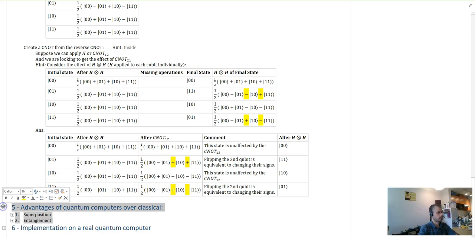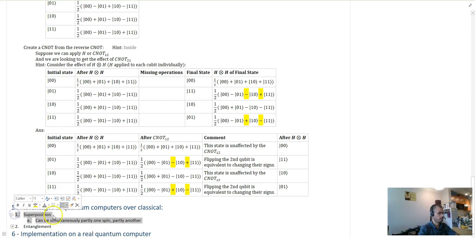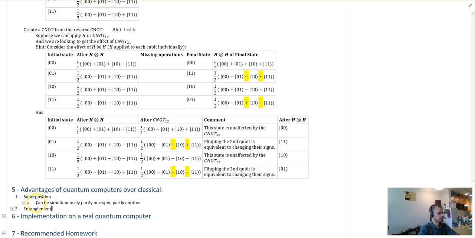All right, advantages of quantum computers over classical. Well, there's superposition, which we talked about: after the Hadamard, this is in all of these states at once, right? A quarter probability of being in each of the states, basically. And so you can do calculations on exponentially many states at once.